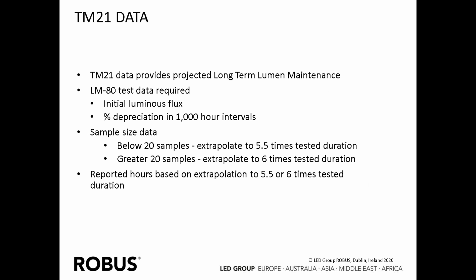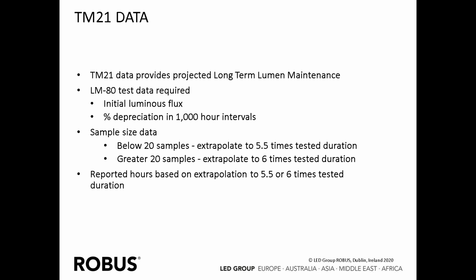So TM21 data provide projected long-term lumen maintenance. It requires LM-80 test data. It requires initial luminous flux so that it can start to look at the degradation, and it needs the percentage depreciation in 1,000 hour intervals.